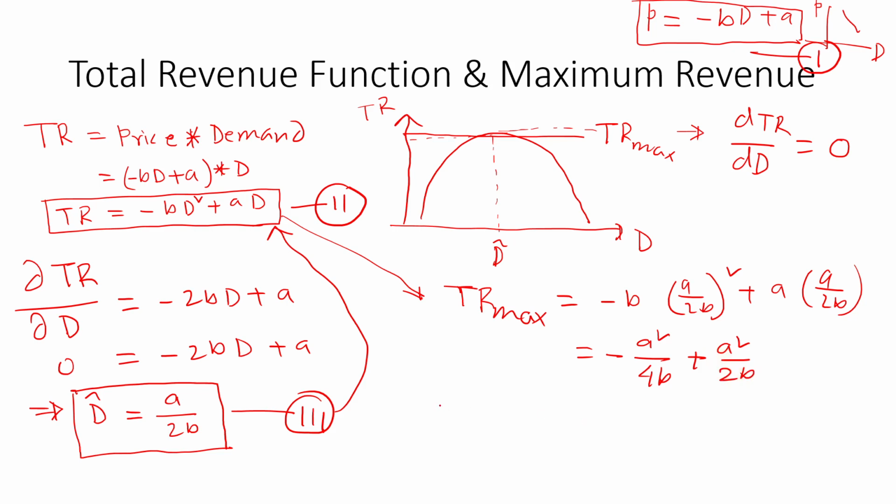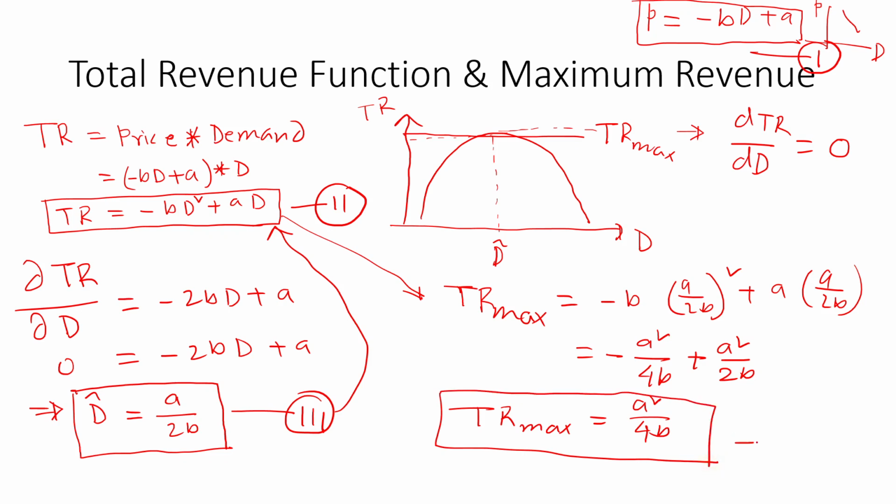So the maximum total revenue occurs, and the value of that is A square by 4B. That could be your equation number 4.